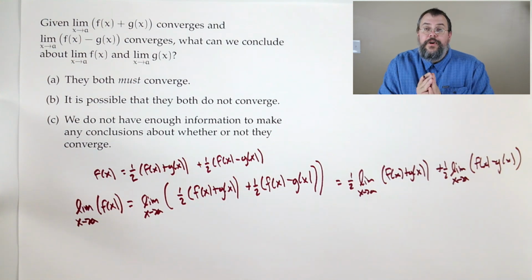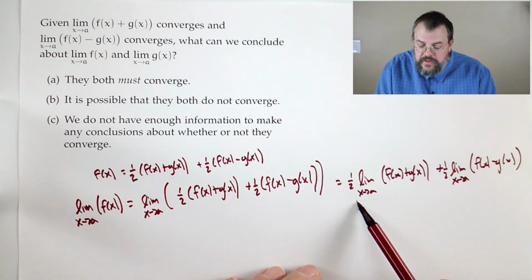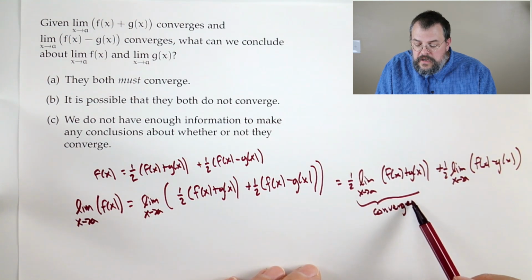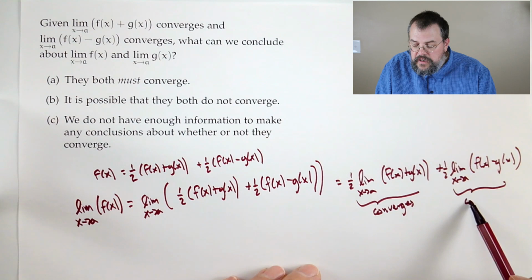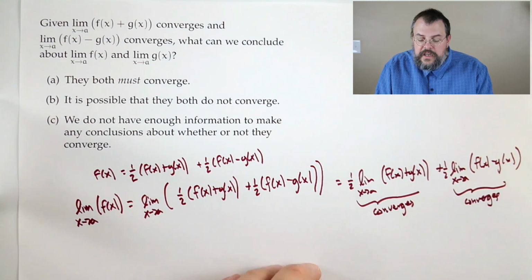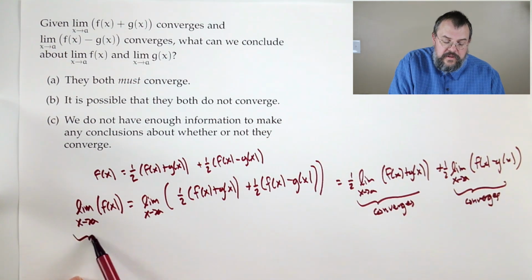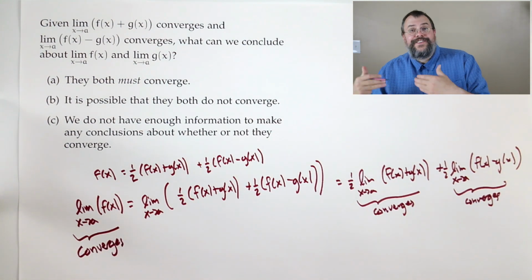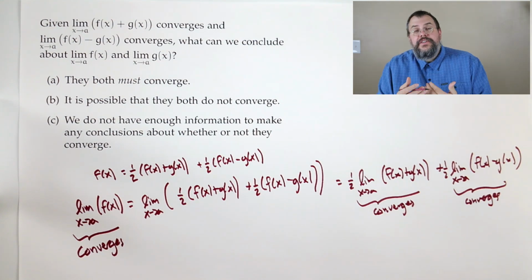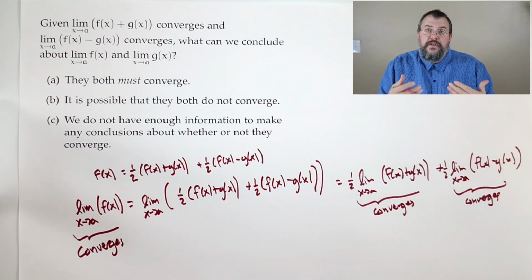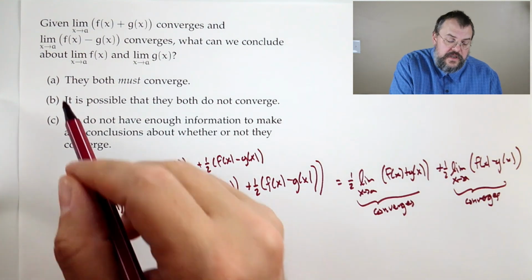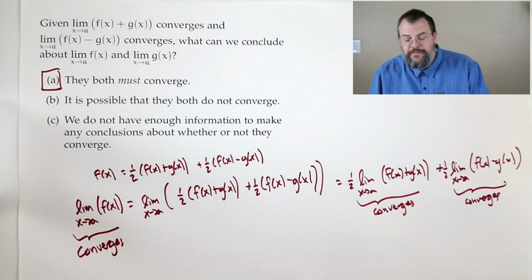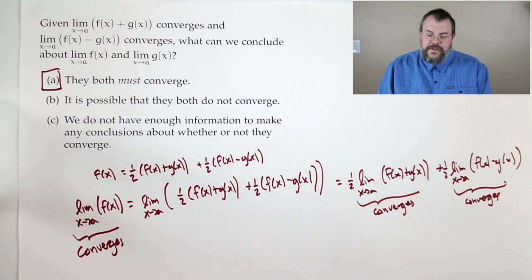And now we're in our happy space because this goes to something, converges, and this other piece goes to something because it converges. And therefore our conclusion is that this also converges because it has to go to something. So f has to converge. But not just f, if you do a similar argument, you can show that g also has to converge, and therefore the answer is A. They both must converge. Good.